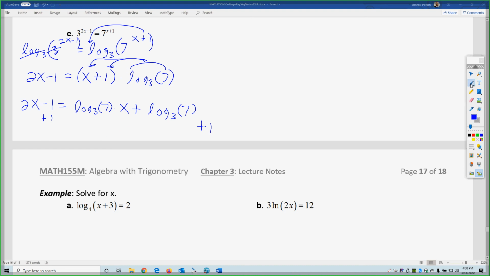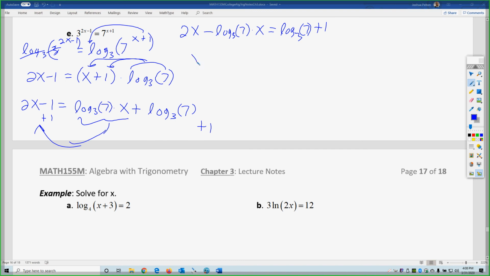So that'll give me 2x minus log base 3 of 7 times x equals log base 3 of 7 plus 1. Essentially, we're subtracting that to the other side is what happened. Trying to save some room here.